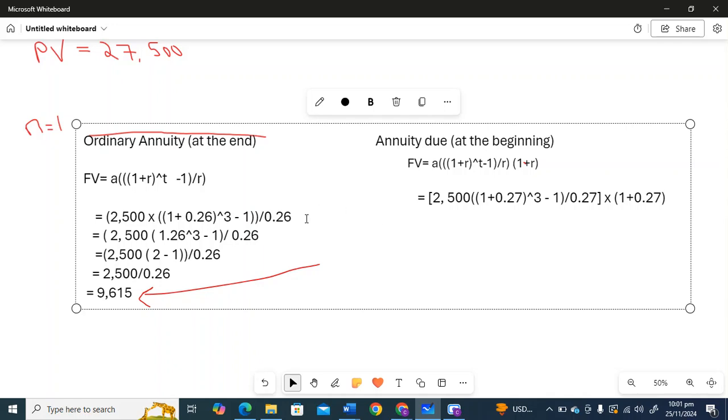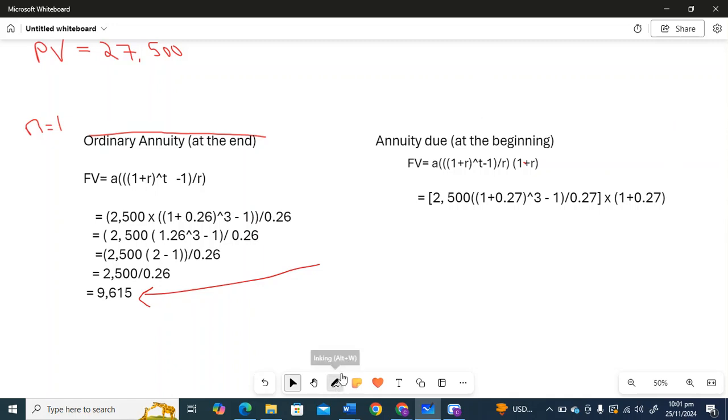So we'll do the calculation. Remember PEMDAS: you start with the parentheses or brackets, then exponents. Division and multiplication can be interchanged, same with addition and subtraction. If you want, you can multiply first and divide later, or divide first and multiply later, and you still get the same answer. But you always start with the parentheses and exponent.